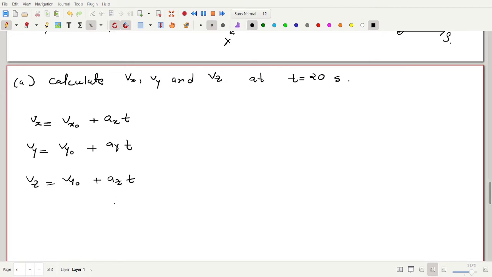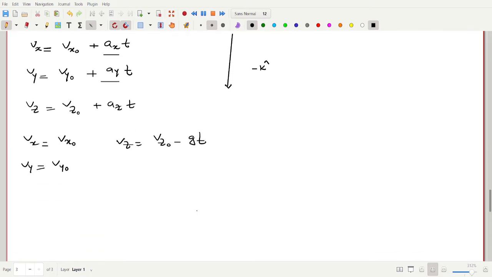Now, here the acceleration due to gravity acts along the negative z axis, that is minus k hat. So ax and ay are 0, so Vx will be Vx naught, Vy will be Vy naught, and Vz will be Vz naught minus gt. Now we need to calculate Vx naught, Vy naught and Vz naught.